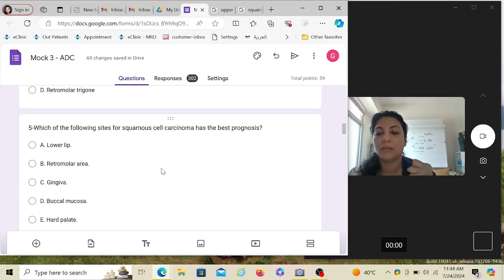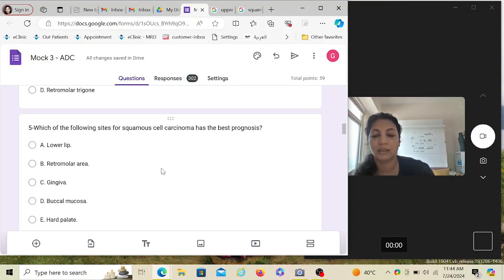Retromolar, gingiva, buccal mucosa, and hard palate apparently have a lot of connections with the blood supply, and whenever it happens in that area, it is not easily detected because it's painless, so the patient may not bother. But on the lip, you can actually see it. So even if it's not bothering you, you will be concerned aesthetically. So usually the patient ends up going to the doctor a bit early.